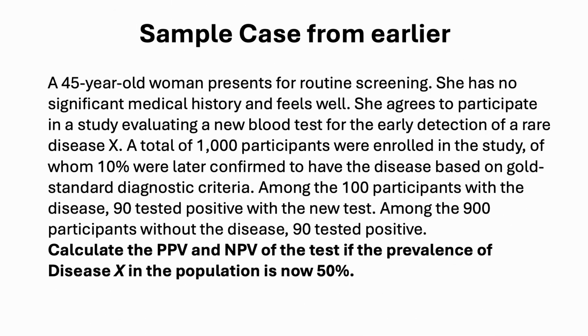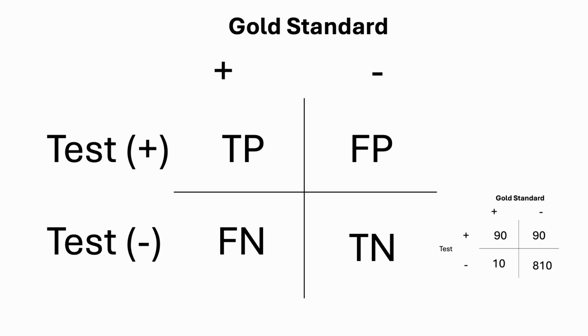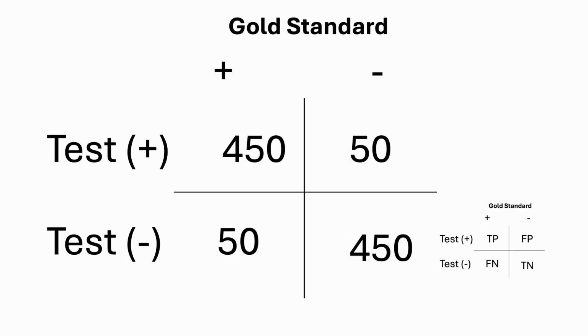So let's do one more sample case from earlier, but this time the only thing I've changed is that the prevalence of disease X went from 10% to 50%. So let's see what happens to the positive predictive value and negative predictive value. I went ahead and just filled out the table for you. So that's what the table looks like.